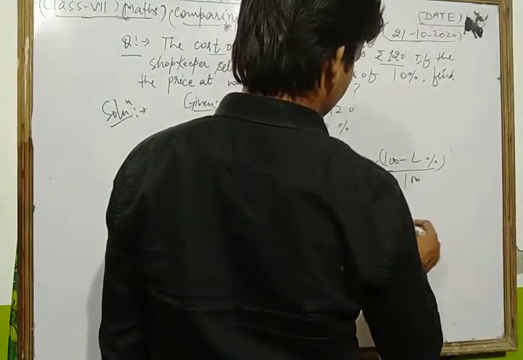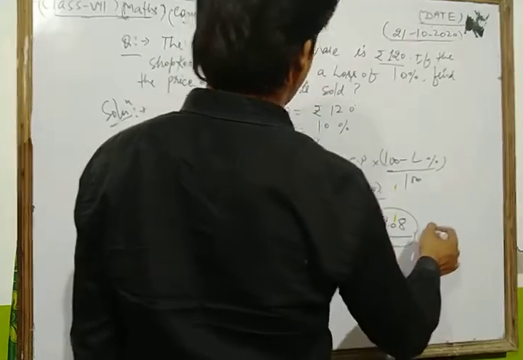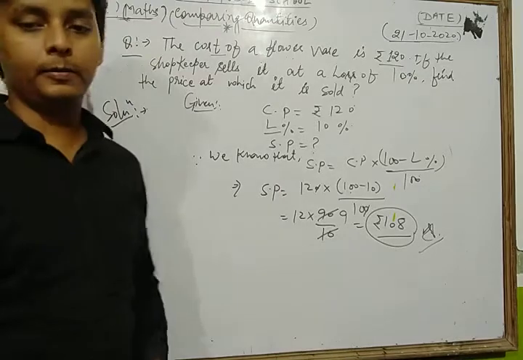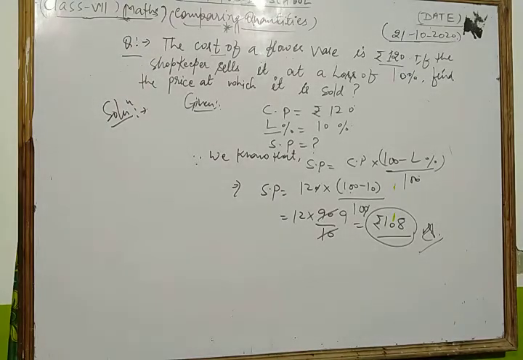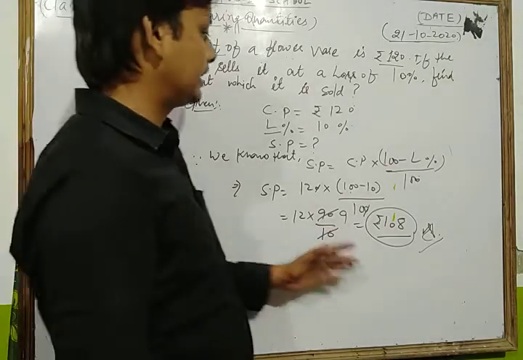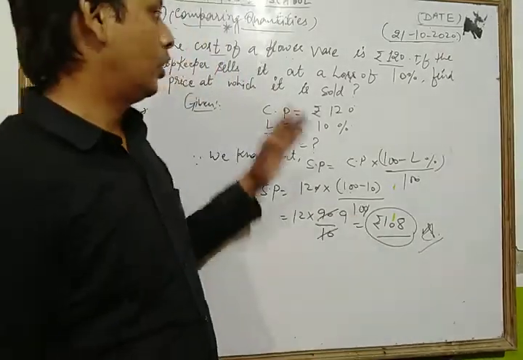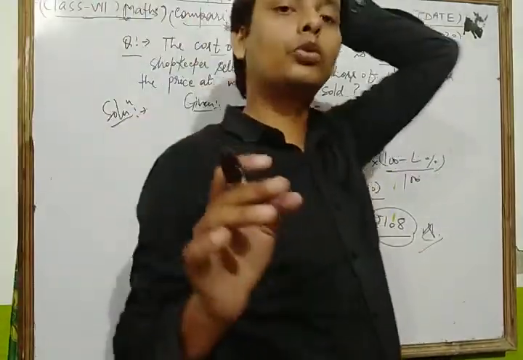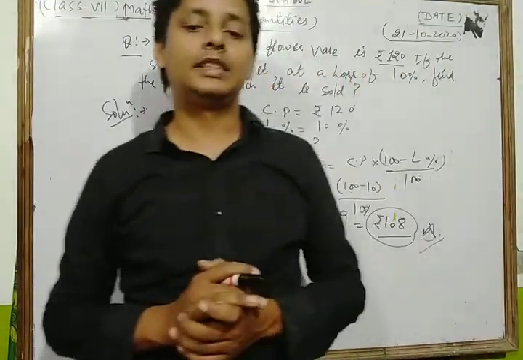So rupees 108 is the selling price of that object. Thus, the selling price of that flower vase is 108. This is one of the most important questions of your NCERT exercise.